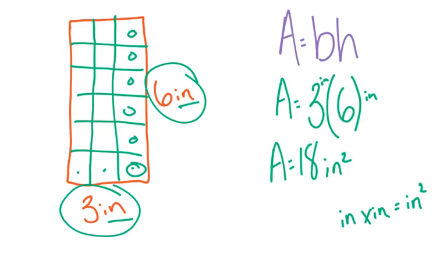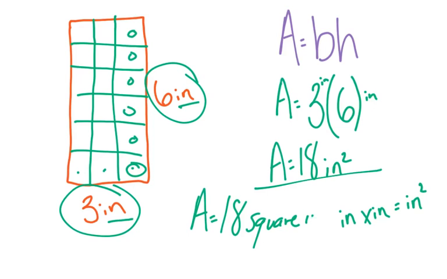There are 18 squares inside this rectangle, and that's why I can say that my area is 18 inches squared. I can also say that my area is 18 square inches because each inch by inch section makes up a perfect square.